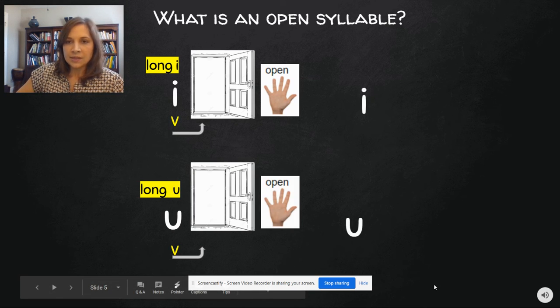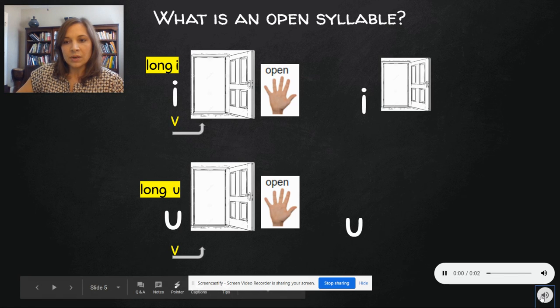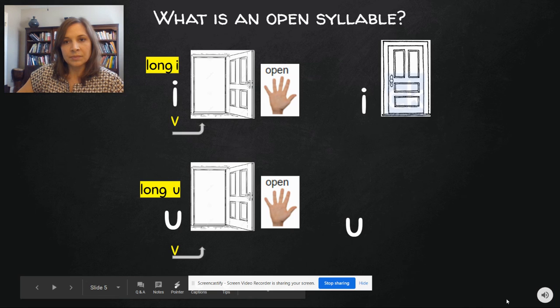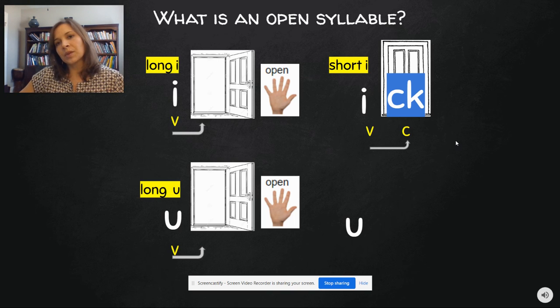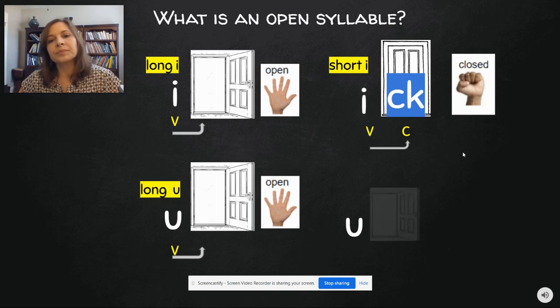Well, let's take these two letters and we're going to close them in. We're going to close that door, and we have the consonant k, and add it to the I. So we're going to say a short I sound, ick. Our vowel, look to the right, there's a consonant, and this is what kind of syllable? Closed syllable.